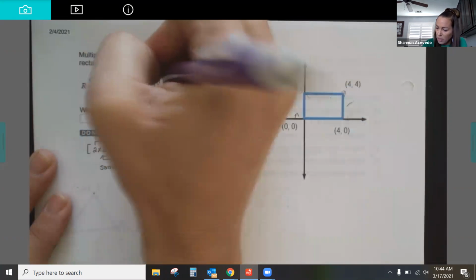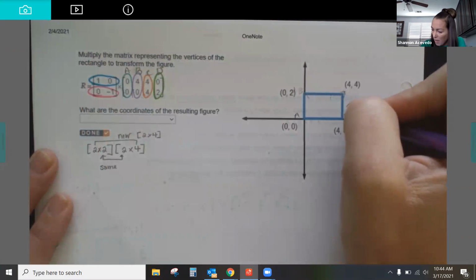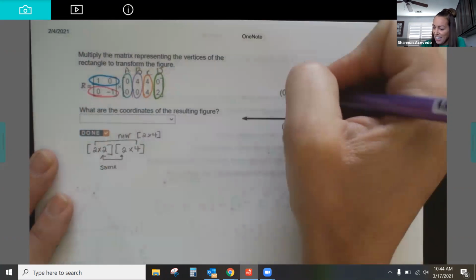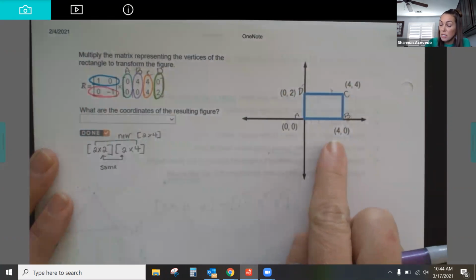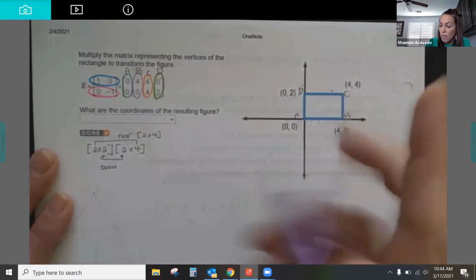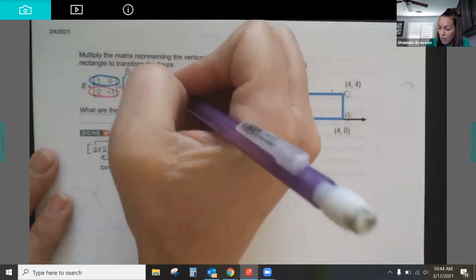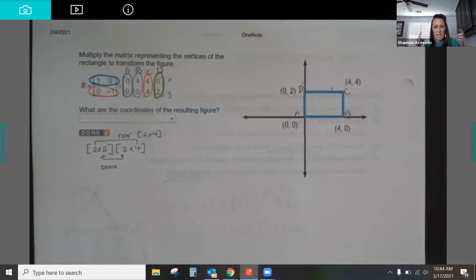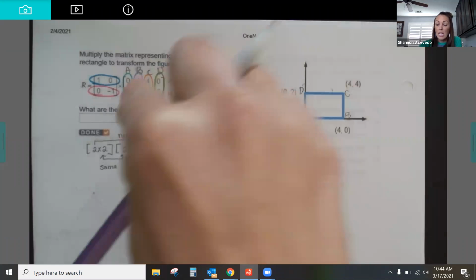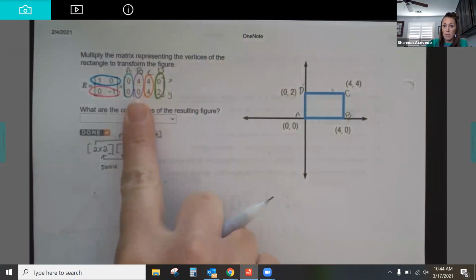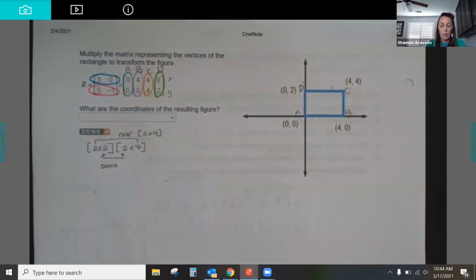B, C, D. That's probably better. And so when I look at this, this is my X value, that's my Y value. So the top row here are my X values and the bottom row are my Y values. So you can see how they're correlated, how we put them off of the graph into a matrix format. That's going to be important for when we look at the solution.